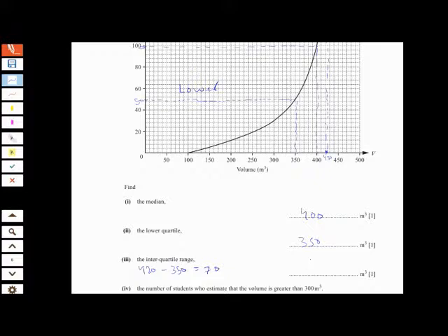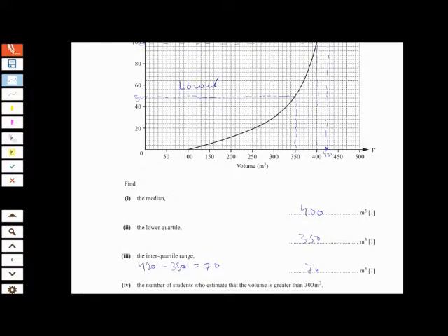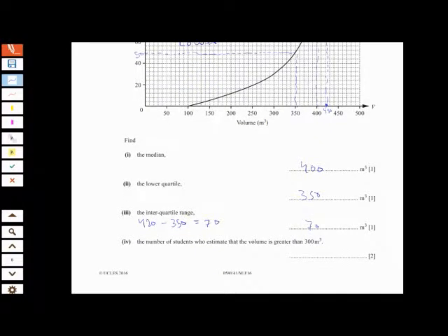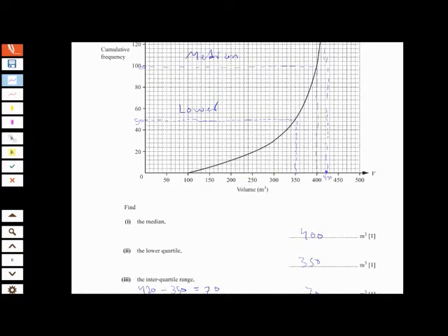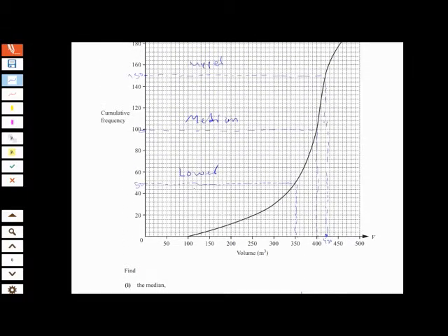meters cube. And now the number of students who estimate that the volume is greater than 300 meter cube. Okay, how do we do this? So it's from here, right? This is 300 meter cube onwards. So you draw a line from this 300 into the graph, and from the graph you draw a line to the y-axis, which is right here. And now this is actually 30.